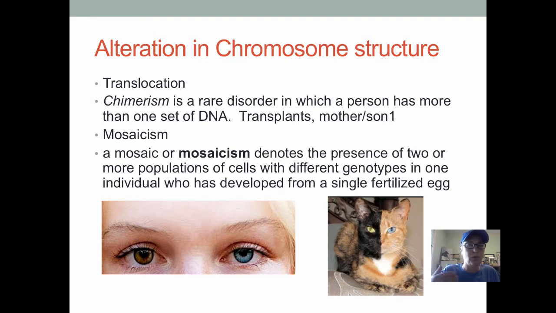For example, with a bone marrow donor, you're getting somebody else's cells, so you're going to have a different set of DNA for those cells. So chimerism is basically a blending in an individual where you have more than one set of DNA.